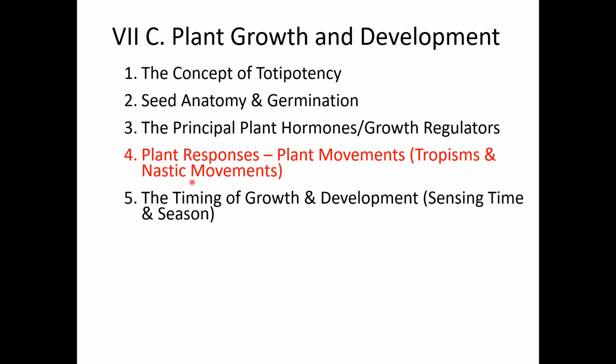We'll talk soon about phototropism, gravitropism, and thigmotropism, but those are the three major types. What happens in a tropism is the cells on one side of the plant elongate more than the cells on the other side, causing the plant part to bend towards the source. It'll bend toward the side with less growth.